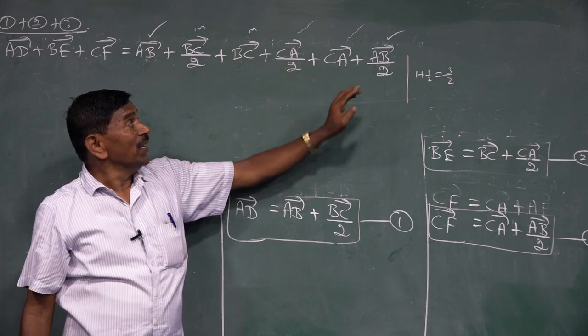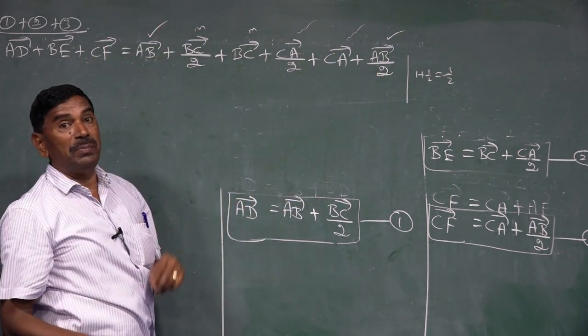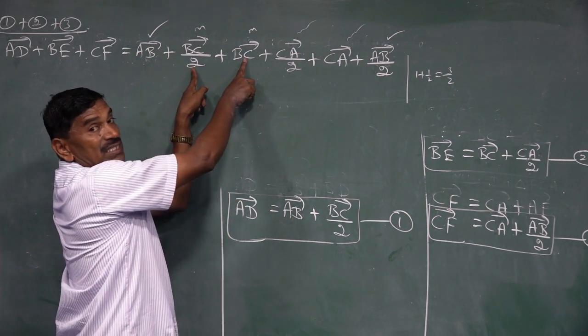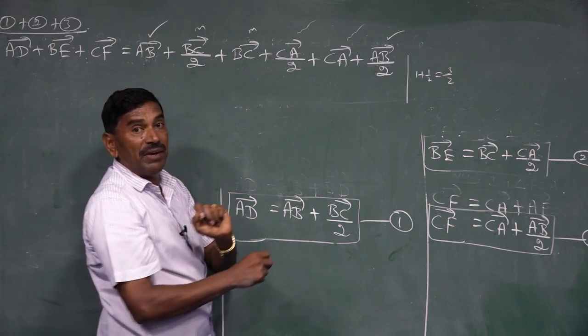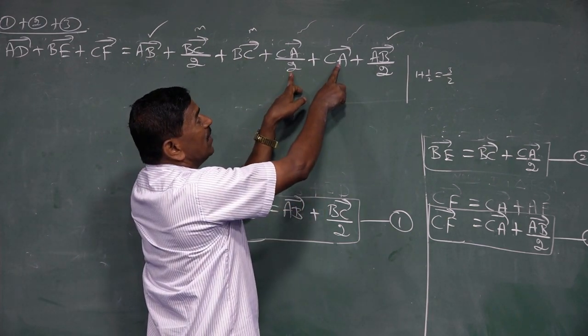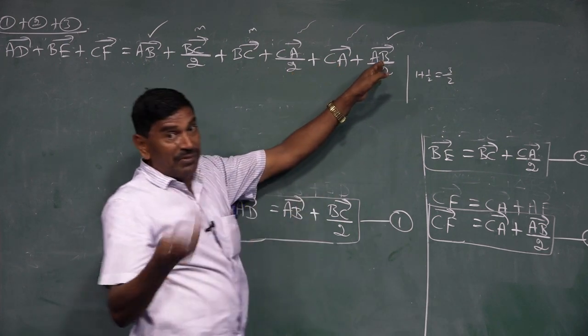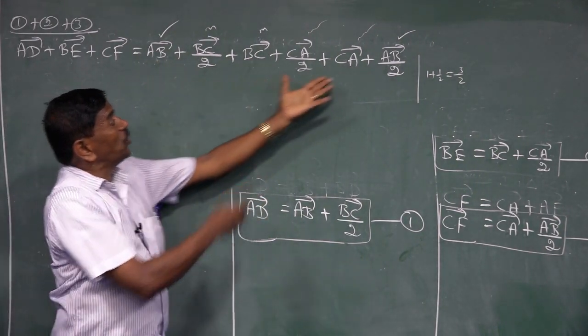Which means here AB vector is present in 2 places, total 3 by 2 AB vector. Next, BC vector present in 2 places, total 3 by 2 into BC vector. Next, CA vector present in 2 places, so 1 plus 1 by 2 equal to 3 by 2. So we get 3 by 2 AB vector plus 3 by 2 BC vector plus 3 by 2 CA vector.